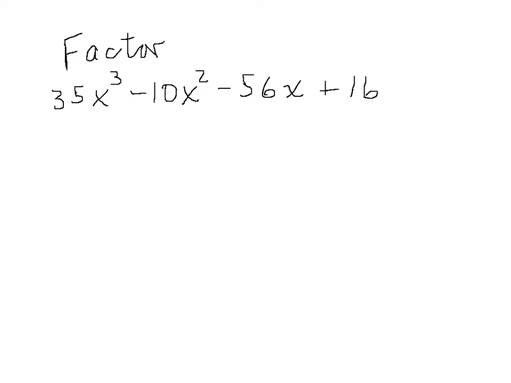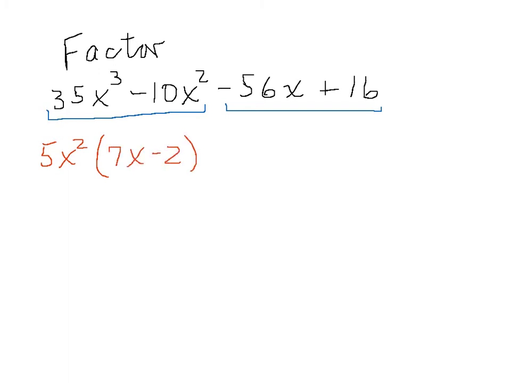The whole idea here is that we try to group, and we pair it up into two pieces. We look at the first piece and ask, is there something I can take out of those first two terms? Yes, indeed, I can take out 5x squared, and I'm left with 7x minus 2.